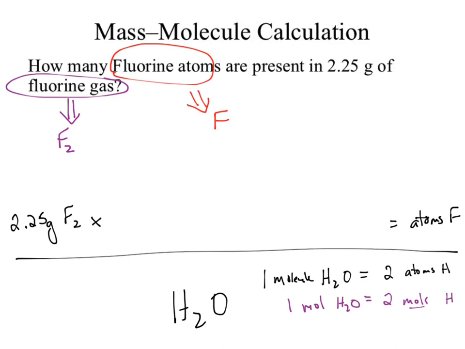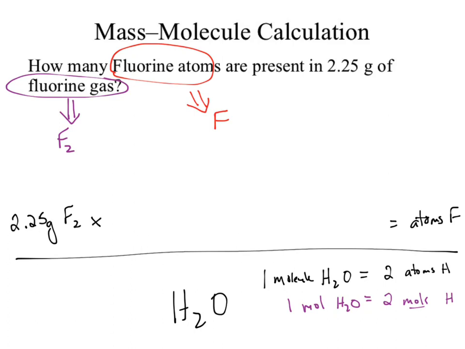When I dropped down into here, 1 mole of molecules of water is 2 moles of atoms of hydrogen. Because the moles are equivalent on both sides, they could effectively cancel out. Those two relationships are identical, so depending on which one you have an easier time focusing on, you will use that conversion at a different stage in our calculation.